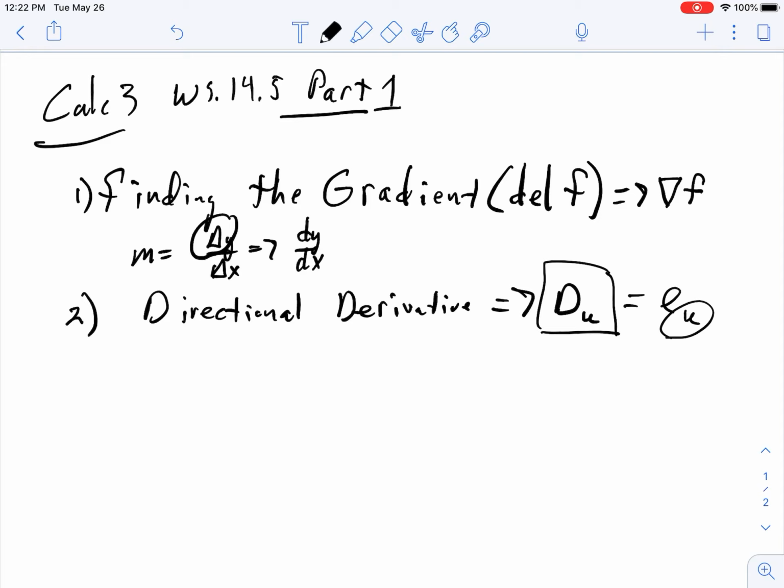And the question is, is it the same thing? Yes, but this deals with a unit vector in terms of a certain direction that we want to take the derivative with our partial derivatives. So there's really nothing new here on part 1. It's just basically putting some stuff together. All right, so let's do some examples here.